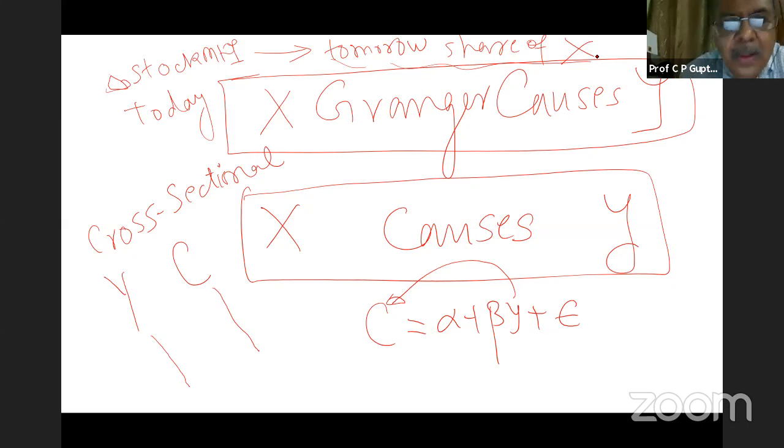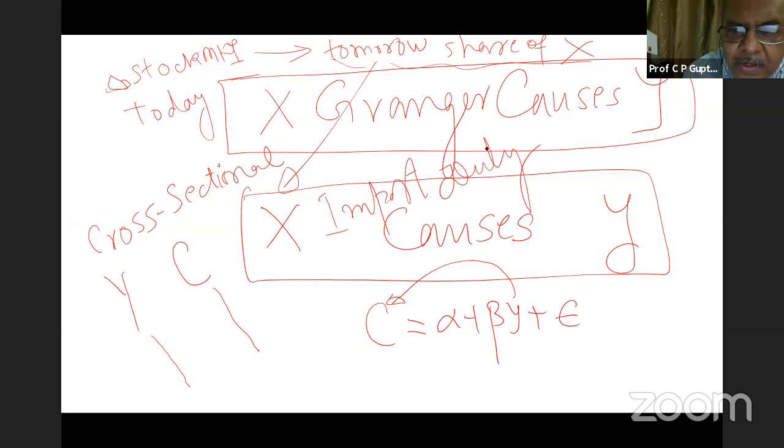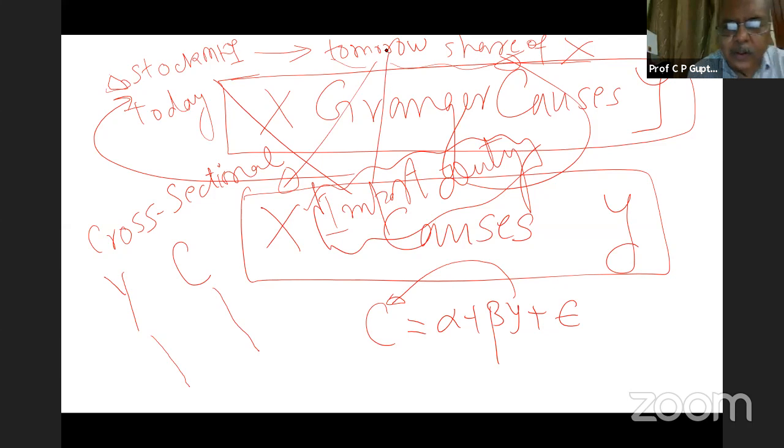I do not know. That may be because of imposition of import duty, which is impacting the market, which is impacting this. So this is the cause and these are the effects. The only thing is that one effect is happening before the other.